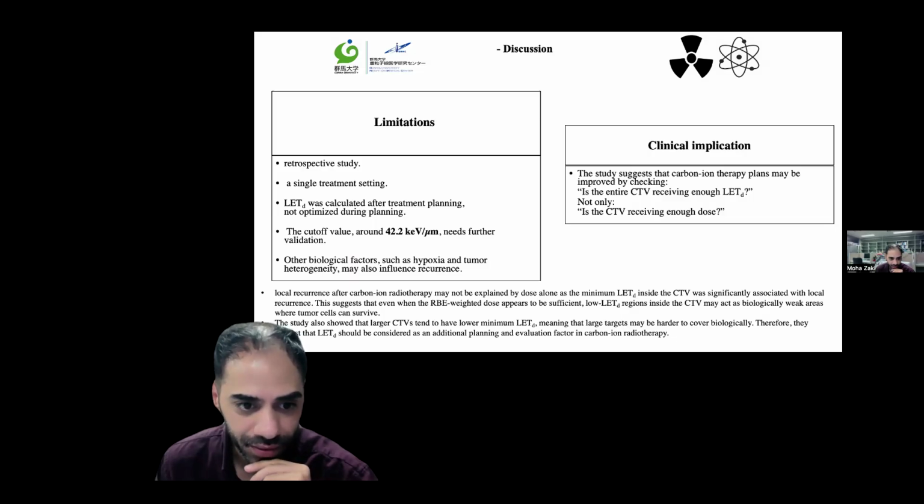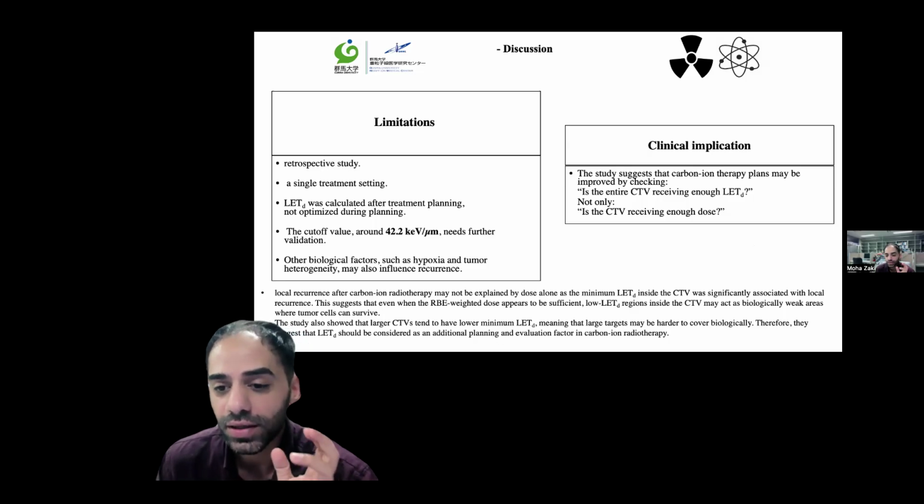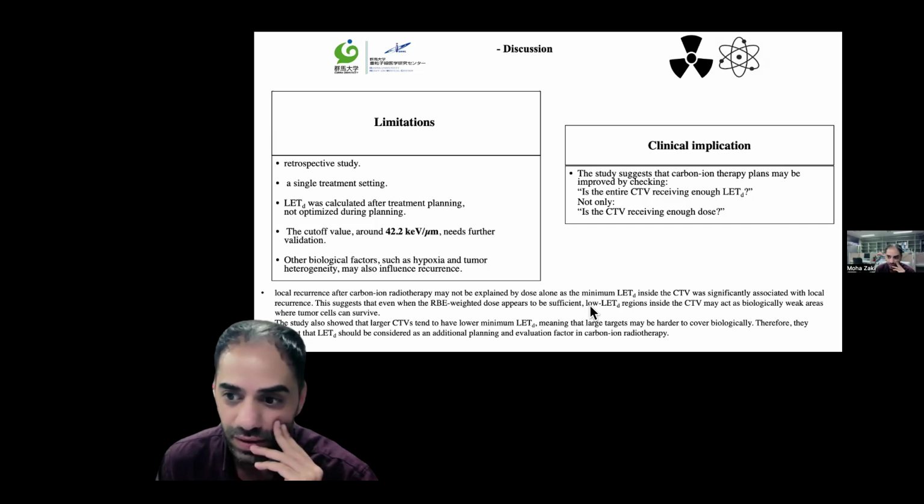The local reoccurrence after carbon ion radiotherapy might not be explained by dose alone, as the minimum dose average LET inside the CTV was significantly associated with the local reoccurrence. This suggests that even when the RBE weighted dose appears to be sufficient, low dose average LET regions inside the CTV might act as biologically weak areas where tumor cells can survive.